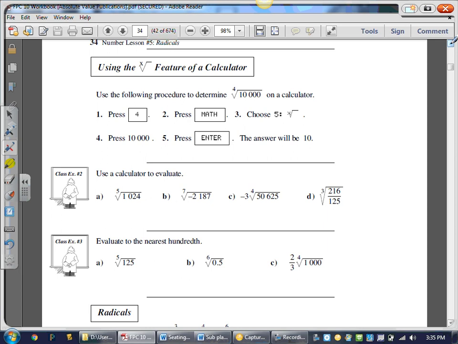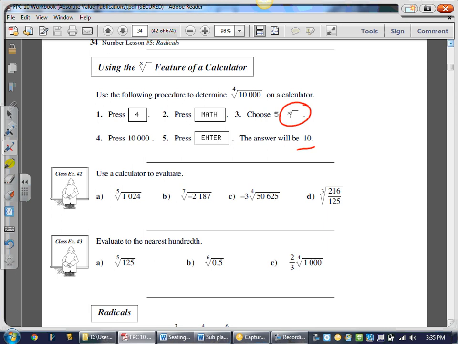So you press 4, then you hit the math button, and then you choose option 5. You can go down to it with your arrow keys. You need that symbol, the square root with a little x up in the top. That indicates that you can pick whatever root you want. Then you type in the 10,000, hit enter, and you get 10 as your answer.